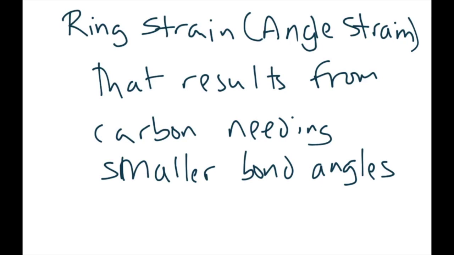So ideally carbon wants to be 109.5, but if due to the structure of the molecule, carbon has to bring those bonds from far apart to close together, it causes strain, right? The electrons in those bonds get too close together, and just like the hydrogens in the Newman projection, they want to push apart, right? So kind of the biggest example of this is cyclopropane.